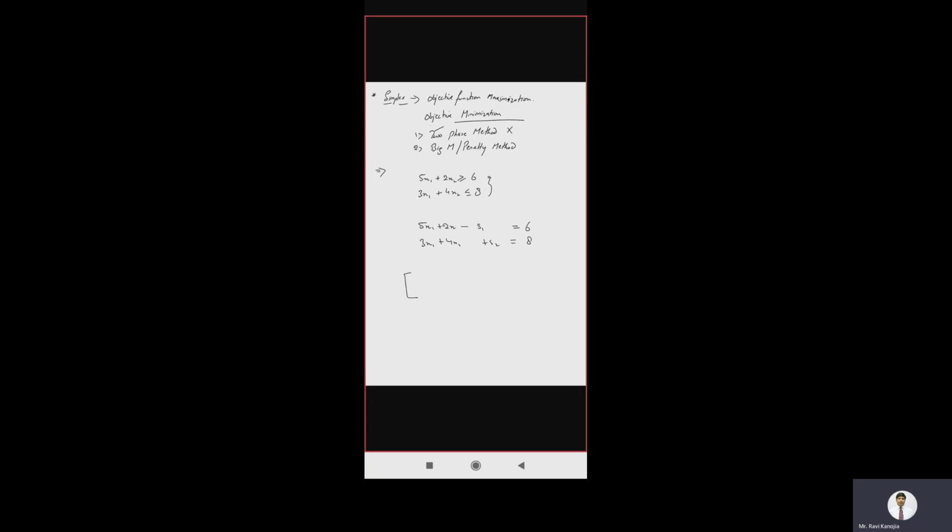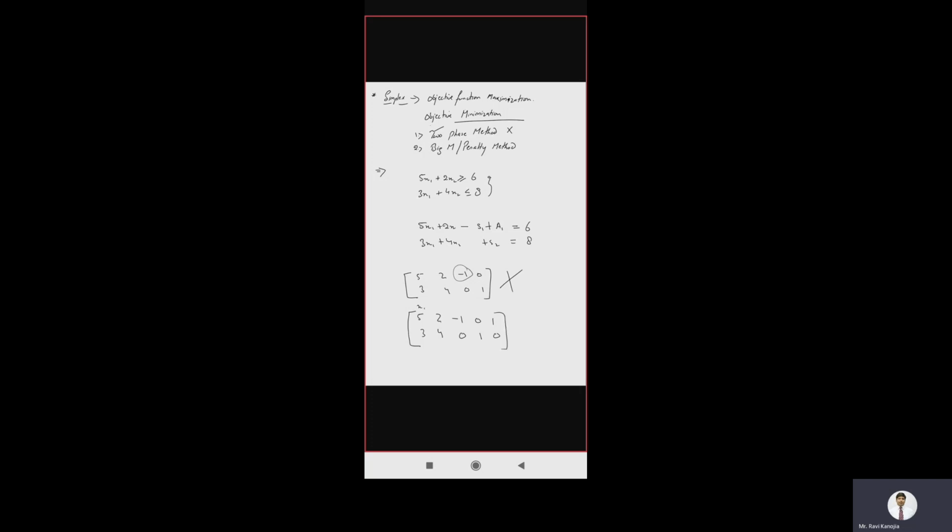Now, if I convert it into matrix form, 5, 3, 2, 4, minus 1, 0, 0, 1. This is not an identity matrix because here we have negative 1. It would have been 1, then we were fine with it. So we need to add another variable over here, which is an artificial variable. So now the matrix changes to 5, 3, 2, 4, minus 1, 0, 1, and then 0, 1.